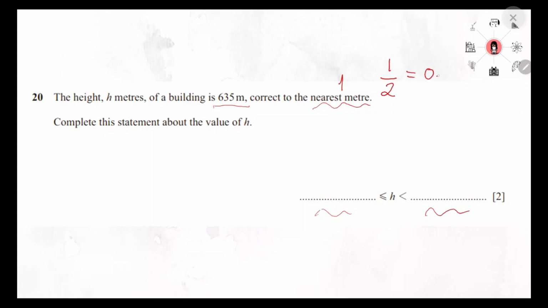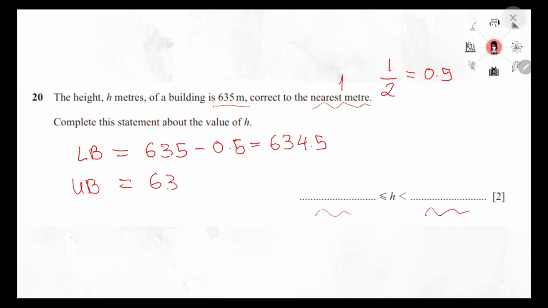1 by 2 is 0.5. Now we use 0.5 and find the lower bound and upper bound. The lower bound can be found by subtracting 0.5 from 635, which will give us 634.5, and the upper bound can be found by adding 0.5 to 635, which gives 635.5.